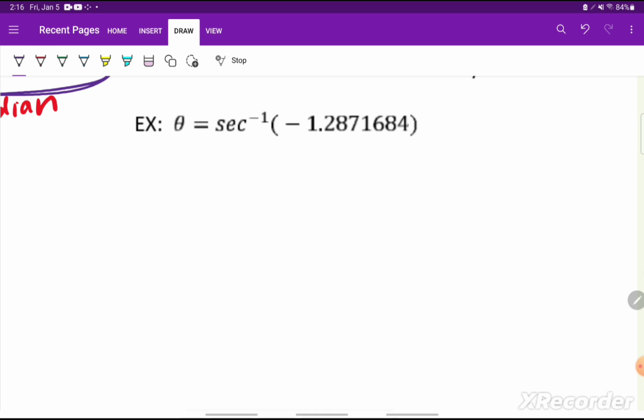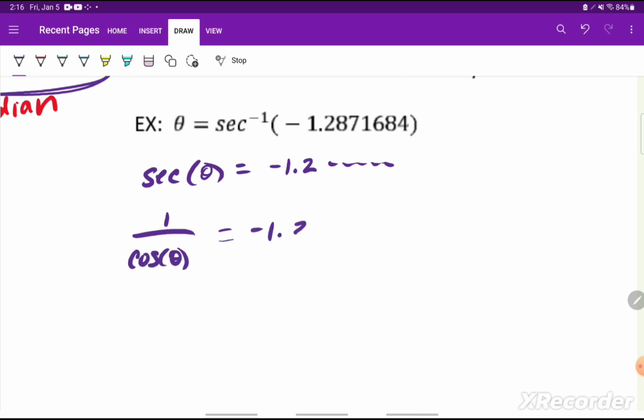And in our next example, right, secant inverse, another one that is not on our calculator. So we're going to have to do some manipulation to get it so that we can plug it into our calculator. I'm going to do this one a little bit quicker. All right, so secant of theta is going to be equal to our number. I'm not going to write out the whole thing. So then this becomes 1 over cosine of our number.